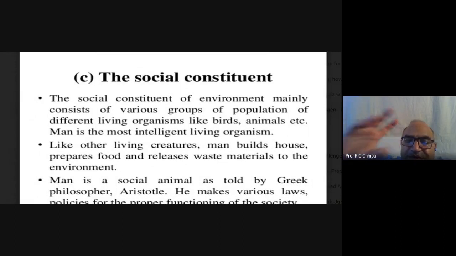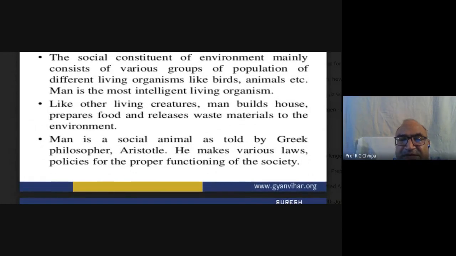Then we have to come towards the third part. First we have the physical, the second we have the biological, which we have discussed, including photosynthesis. Now the social constituent of the environment mainly consists of the various groups of population in different living organizations, like birds, like animals. Man is the most intelligent living organism and forms a social structure, a social system.